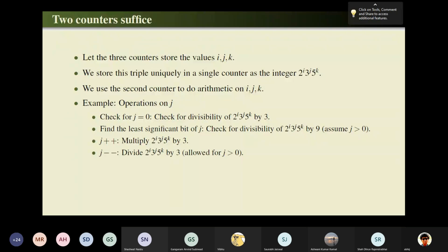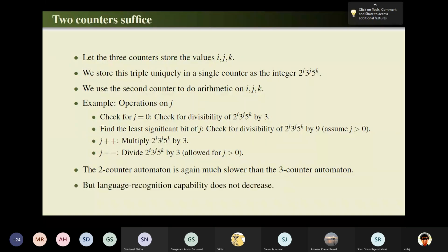So therefore, by maintaining this single count, I can do it. And as you see, this 2 counter automaton is even slower than the 3 counter automaton. But anyway, in terms of language recognition, no problem.